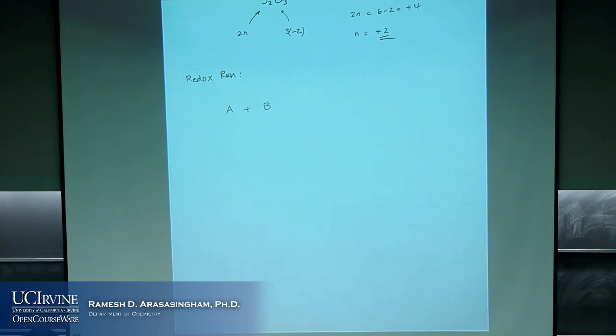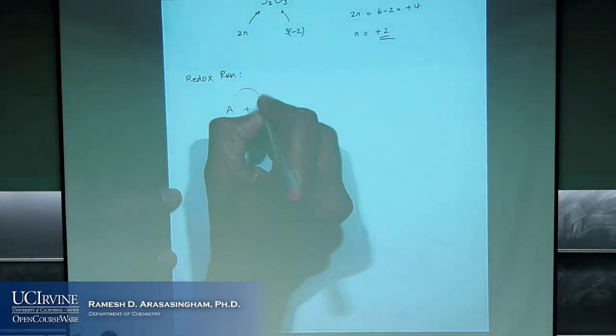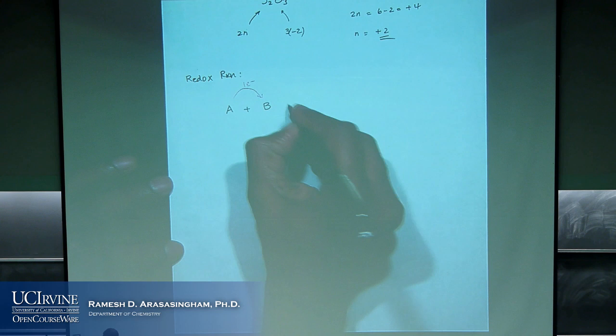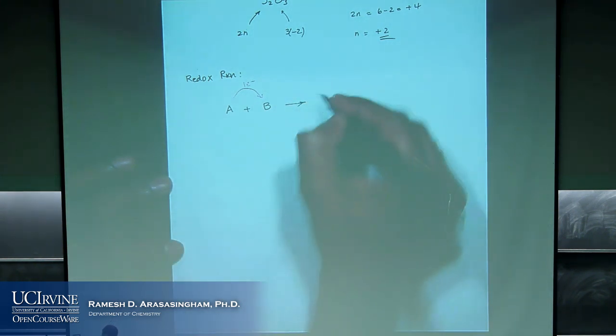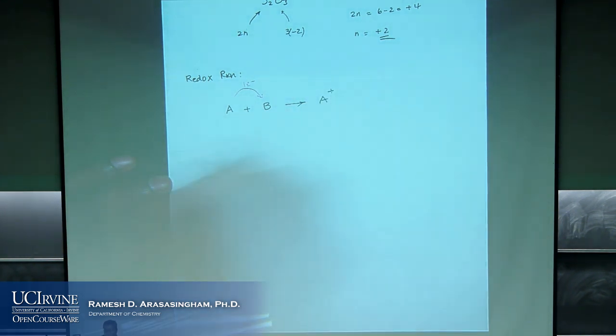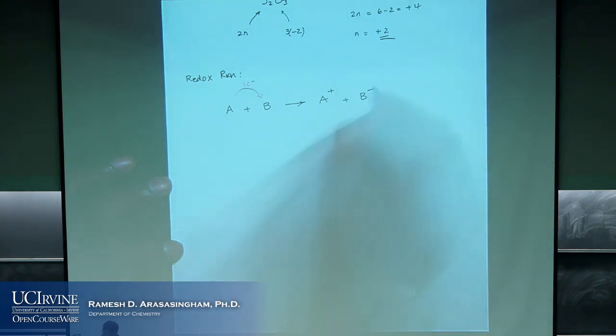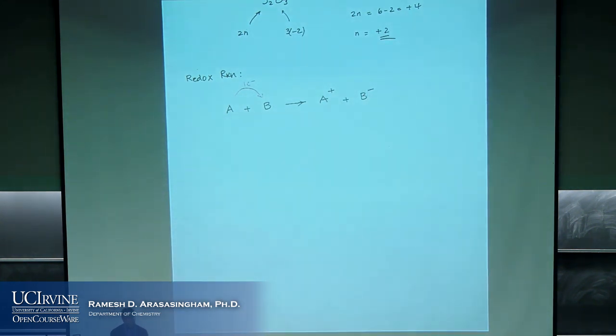And let's say in this reaction, A transfers 1 electron to B. All right? So if A transfers 1 electron to B, then what you end up with is A has lost electrons, so it'll be A plus and B minus. All right? So can everybody see that you can't directly see the electrons being transferred.